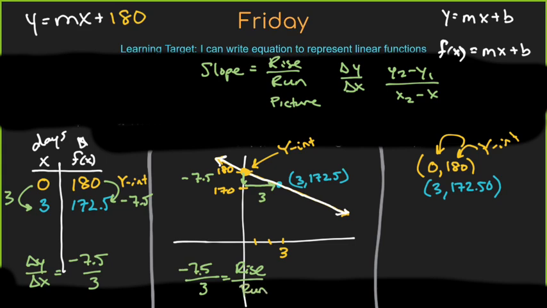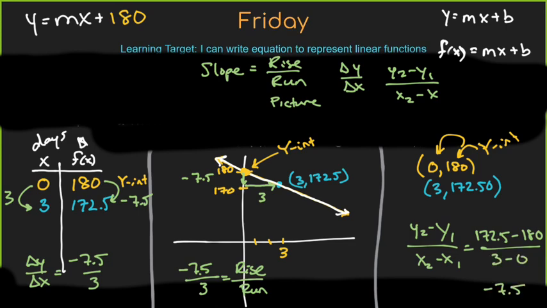And then over here, if I use my y2 minus y1, because I have 2 points, that's a really good way to think about it. I have 172.50 subtract 180 all over 3 minus 0, which again is negative 7.5 over 3. Ran out of room.